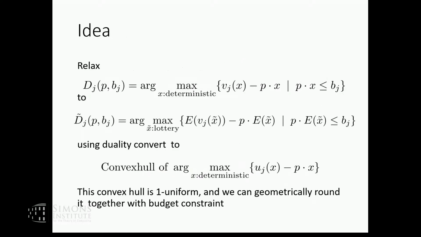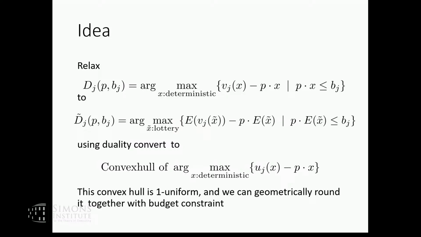Just the idea of the proof, again: relax and route. How do we relax? We relax from deterministic choice functions to random ones. I want to consume a lottery that maximizes my utility, but now the constraint is that the expected budget is less than V_J. For this random choice, I can have a competitive equilibrium again, and I'm going to use duality to convert that random choice to a deterministic bundle like before.